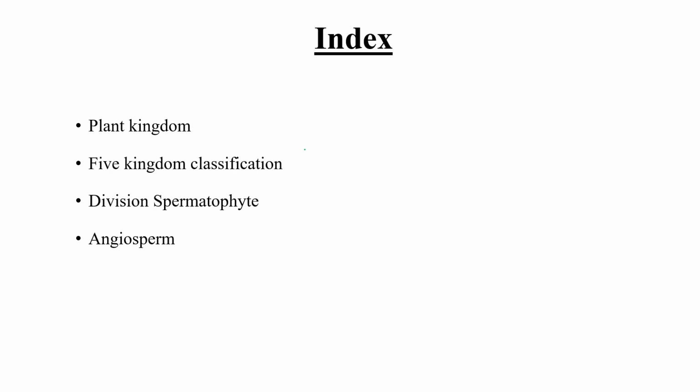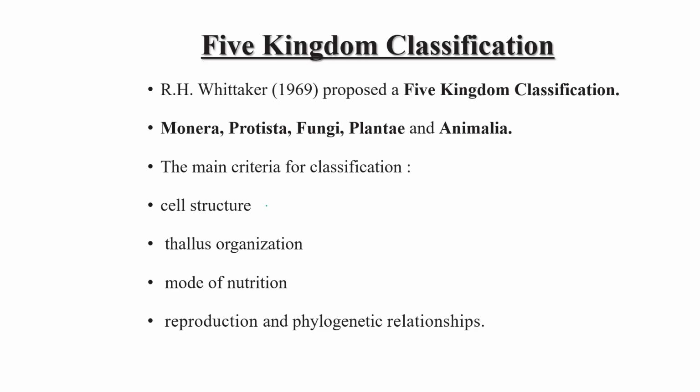And in today's video lecture, we are mainly focusing on plant kingdom, 5 kingdom classification, division spermatophyte and angiosperm. This 5 kingdom classification has been given by R.H. Whittaker in 1969.